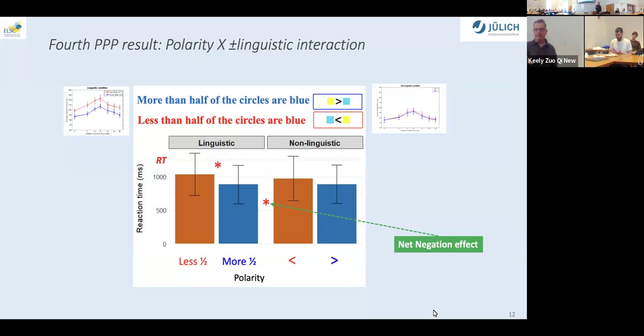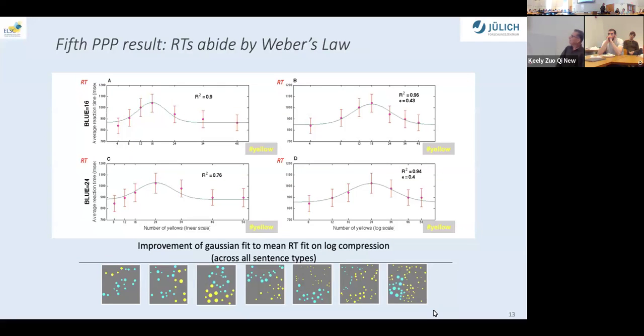This is what we're after, namely the polarity effect minus whatever effect there can be from there being something that remotely resembles it in non-linguistic notation. That's the idea, okay? Another thing which is really important are sanity checks, what they call neuroscience sanity checks. Let's see if we can replicate standard stuff. And the standard stuff is Weber's law.